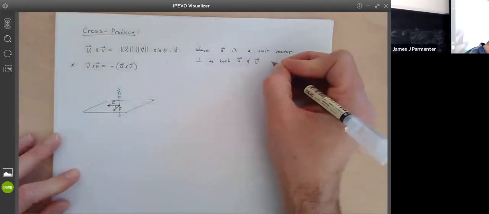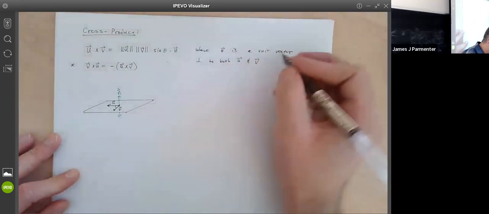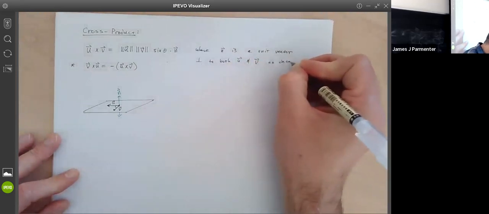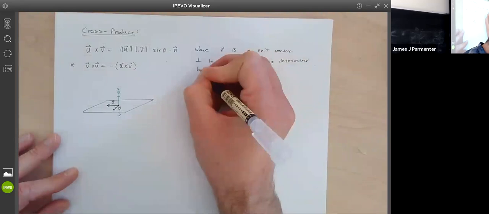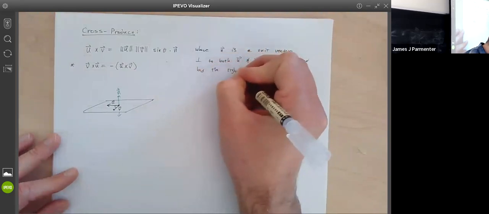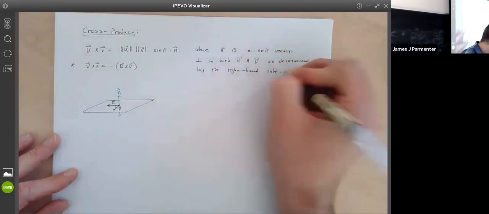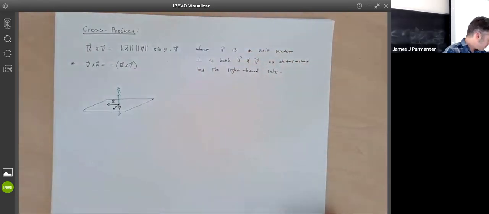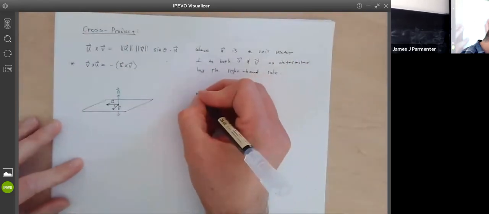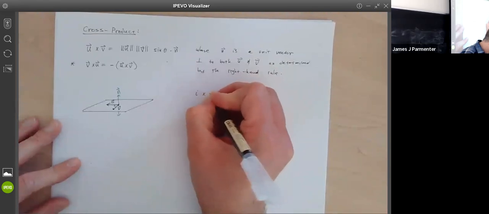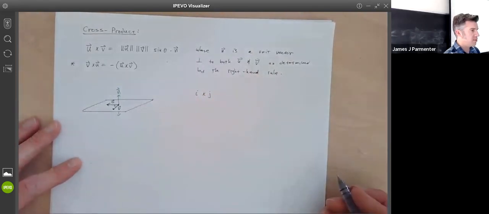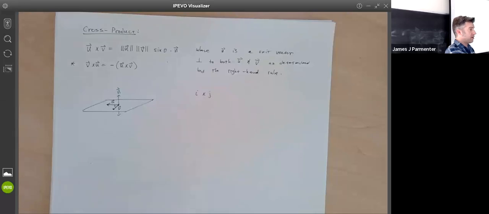So I should finish this off here. n is a unit vector perpendicular to both U and V as determined by the right-hand rule. Now, in reality, nobody calculates it this way. But for example, a couple things to know: we can find I cross J. If you point your fingers in the I direction, or the X direction, and curl them towards the J direction, your thumb is going to point in the K direction.